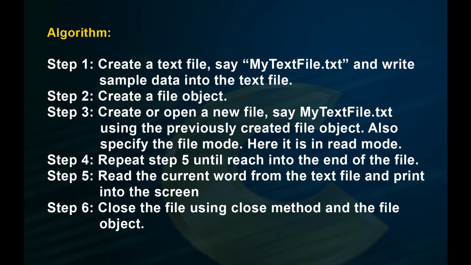Step 3, open the file mytextfile.txt using the previously created file object, and also specify the file mode, here it is the read mode. Step 4, repeat step 5 until we reach the end of the file. Step 5, read the current word from the text file and print it on the screen. Step 6, close the file using the close method and the file object.